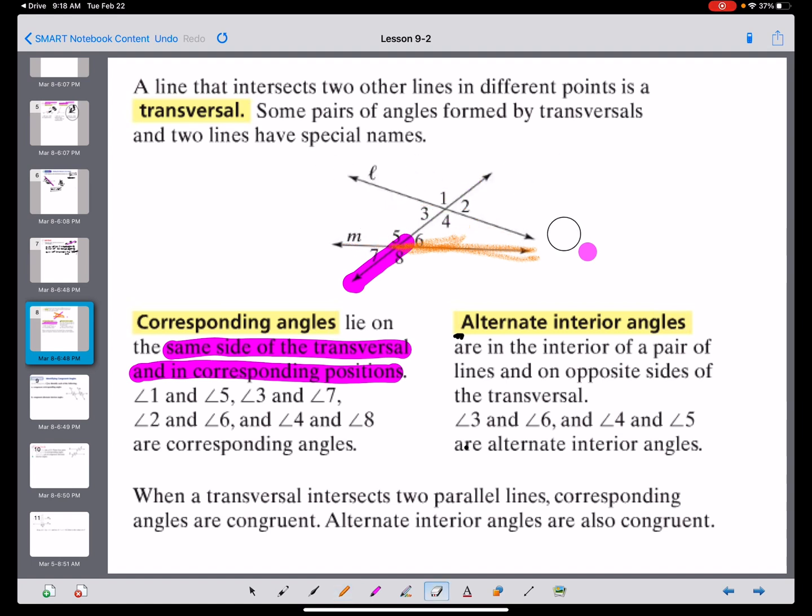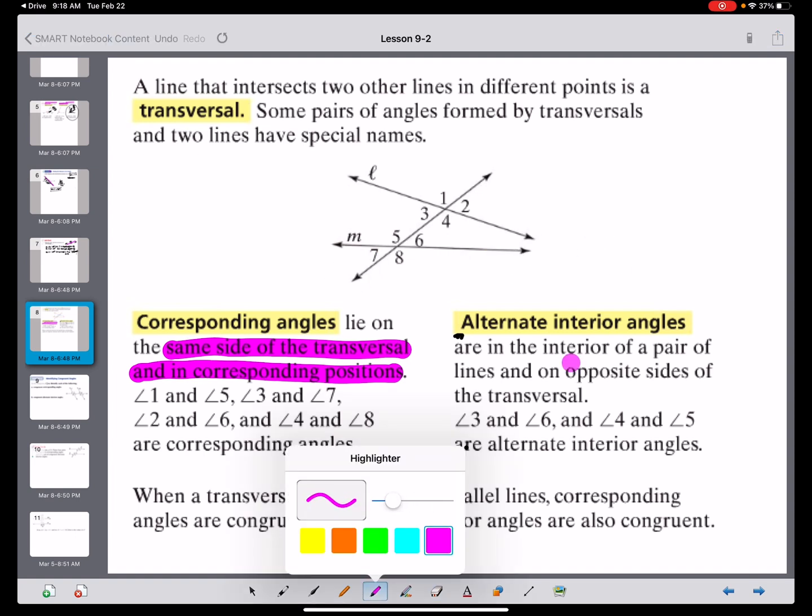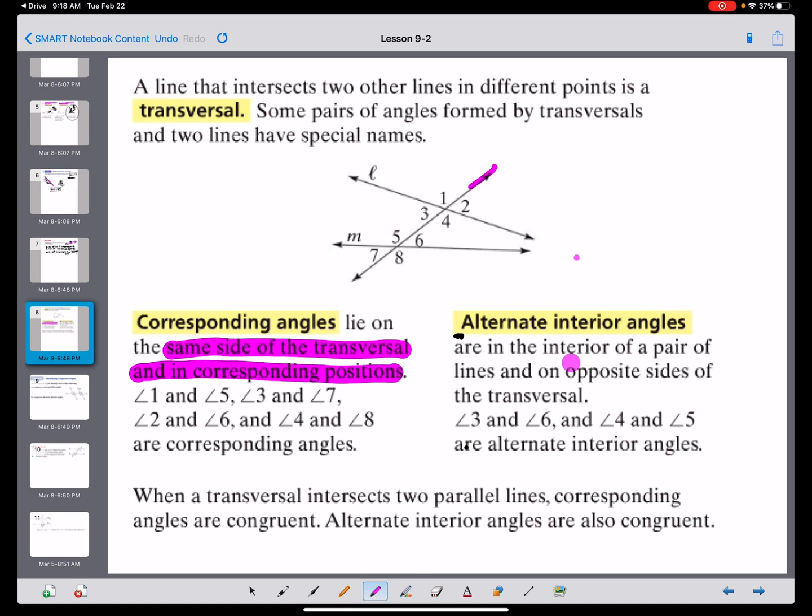Okay, so now let's delete this again. Let's clear it so that I can focus for you specifically on, so here's our transversal. We're specifically dealing with the angles that are inside of these two orange lines, but they need to be on opposite sides of the transversal.